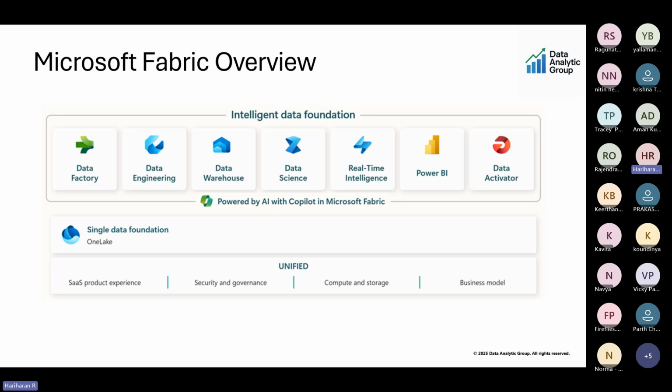All the Power BI related items like the semantic models and reports are integrated in this platform. And all these different workloads handle data which resides under one single data foundation, which is called OneLake. This is one central data repository for Fabric, and it can be accessed by different experiences or different workloads.